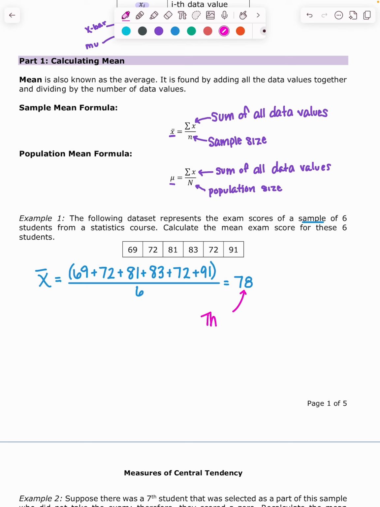So this means that the mean score for these 6 students was a 78. Not too bad. Add everything together, divide by the number of numbers.